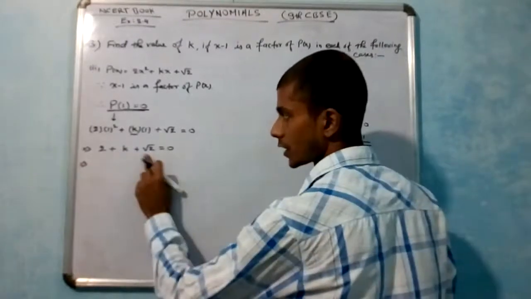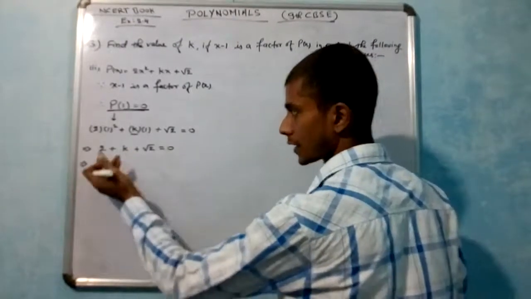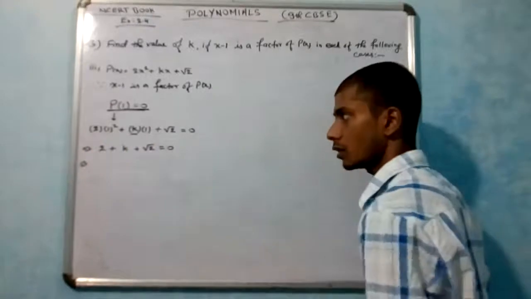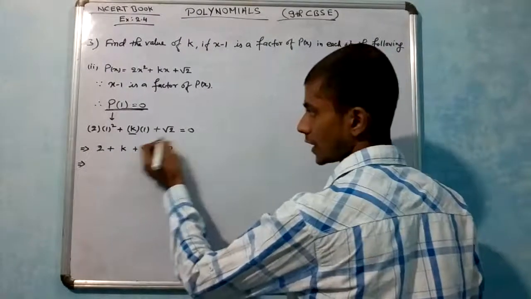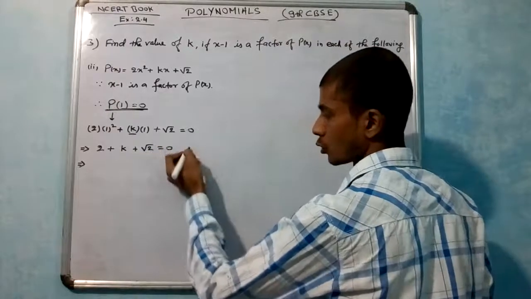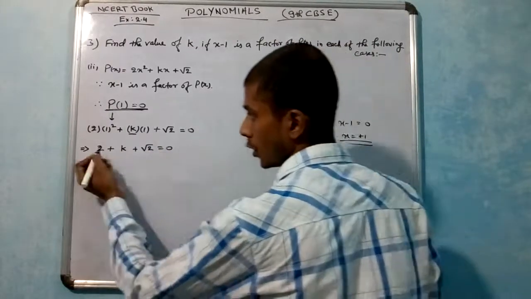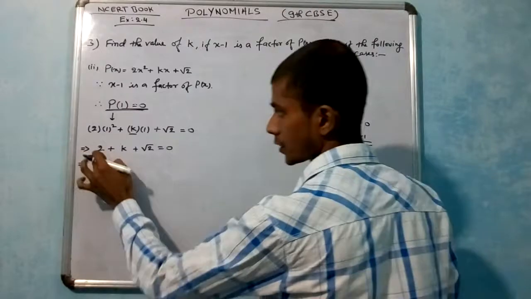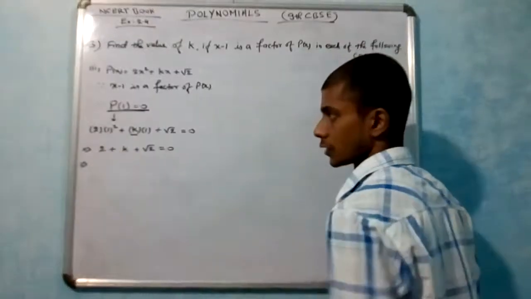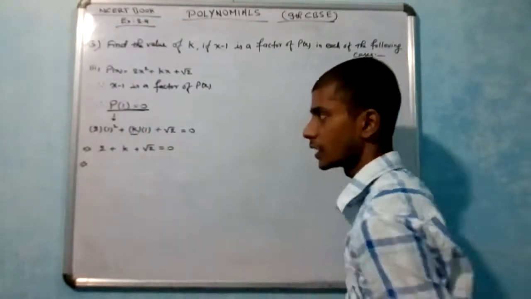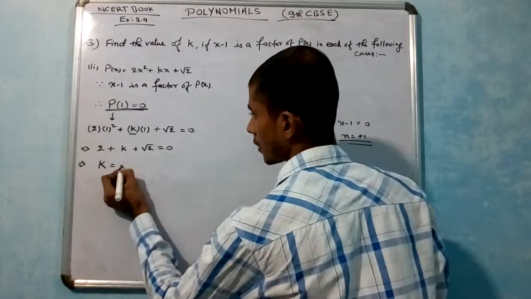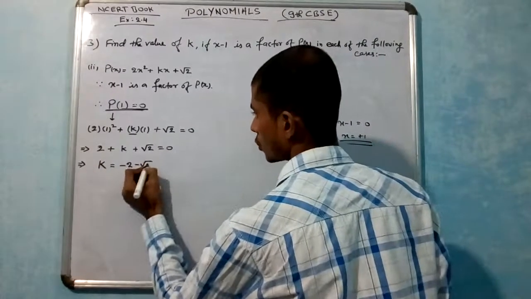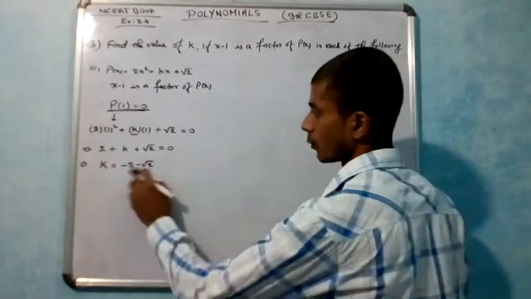Whatever the unknown value is there, that should be left on one side, and all the other things should be sent to the other side. So this root 2 has to be sent this side. Root 2 is in plus, so it goes as minus root 2. 2 is in plus in addition with k, so that 2 will go this side subtracted. So finally the k value we will get is minus 2 minus root 2, or you write minus root 2 minus 2.